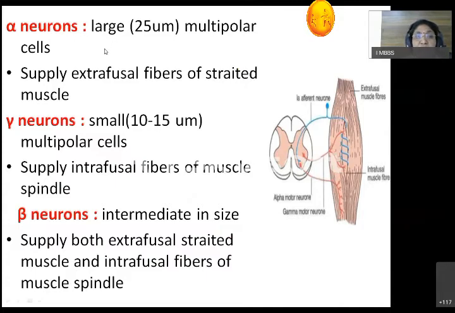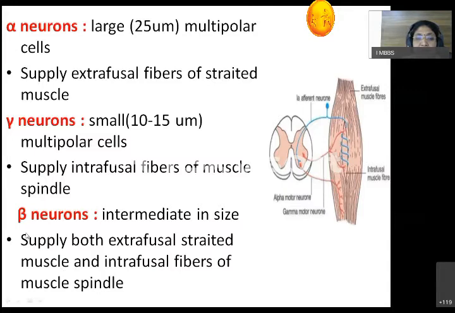The alpha motor neurons are large neurons. Their size is more than 25 micron. And they supply extrafusal fibers of striated muscle. Whereas gamma motor neurons are small in size. Their size ranges from 10 to 15 micron and they will supply intrafusal fibers which are present within the muscle spindle.